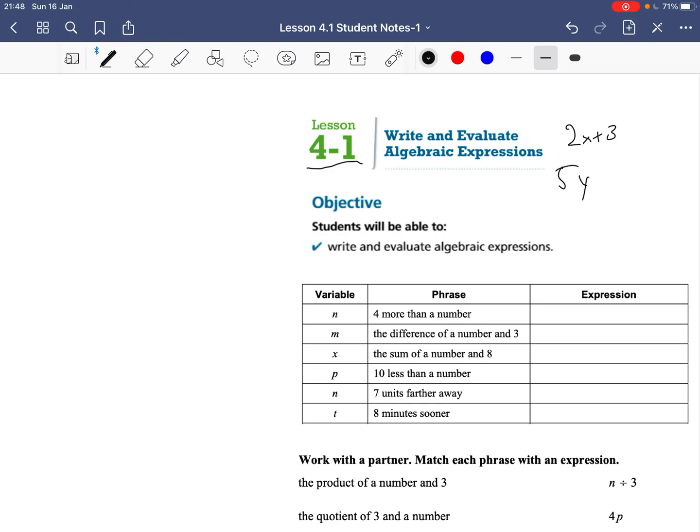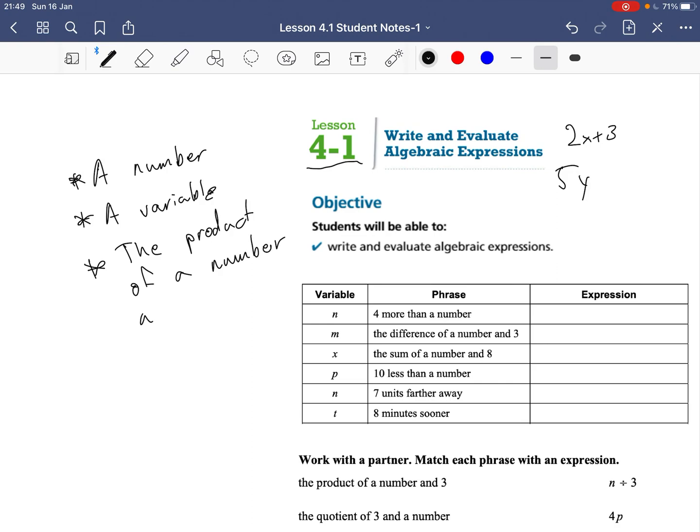Anything that is listed as a number, a variable, or the product of a number and variable, or it could also be the sum or difference, and it could also be a quotient.